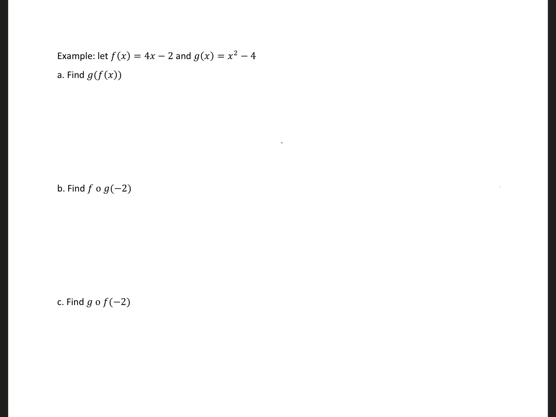All right, so let's talk about the one below now, f of g of negative 2. This is actually asking us to find f of g of negative 2 in this way. So to find this value, we're first going to recognize, well, f of x is 4 times x minus 2.